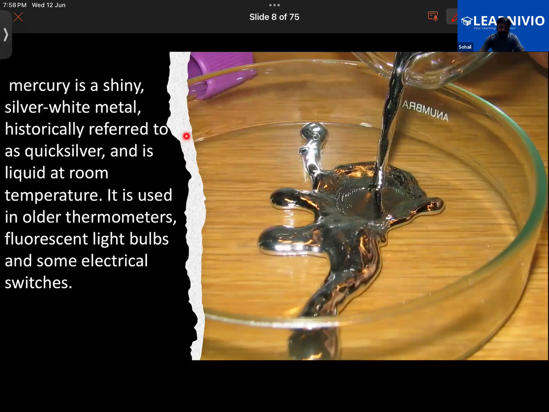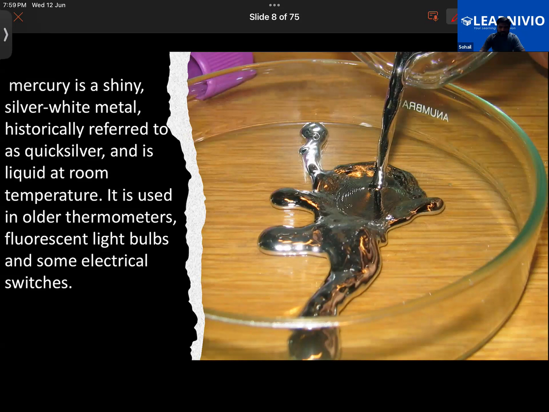Sir, can mercury break? Not like a metal or like other things. It can't break, but you can simply split it into different pieces, and it will be in spherical shape. Sir, is there a substance like the one in the image that can break any metallic things?